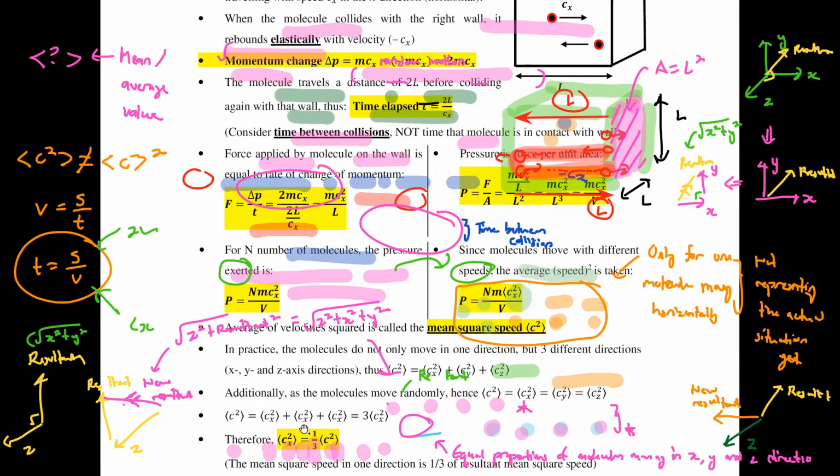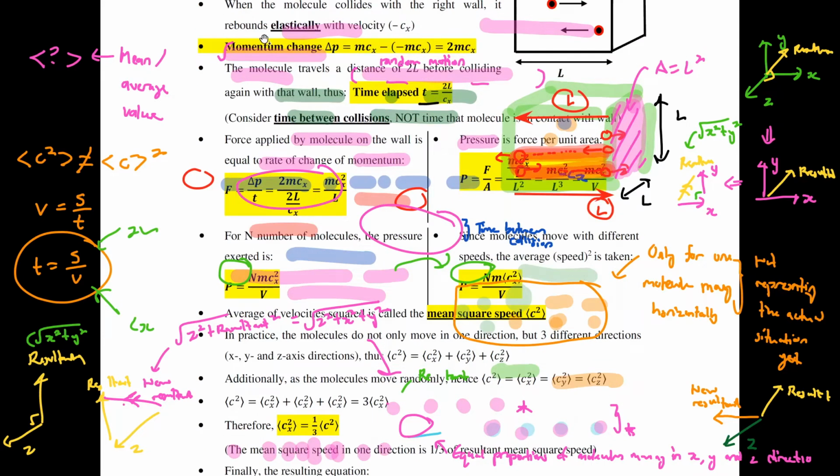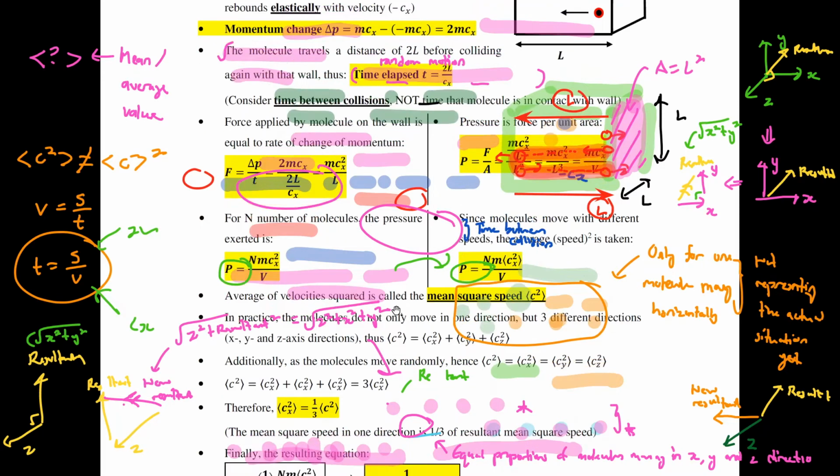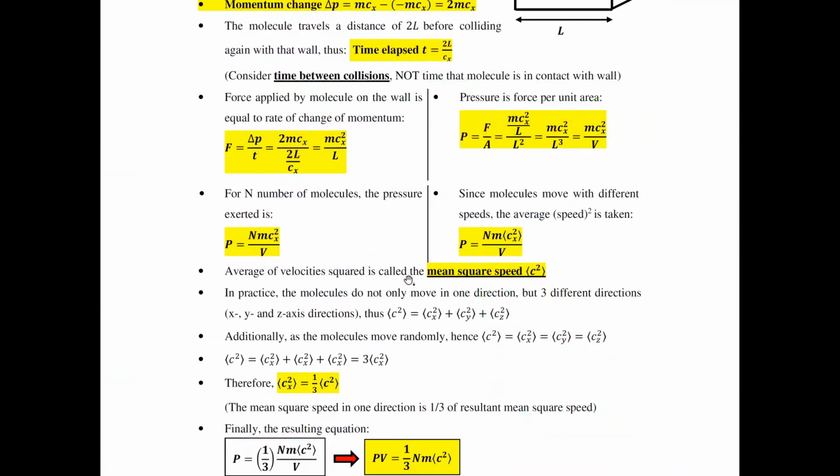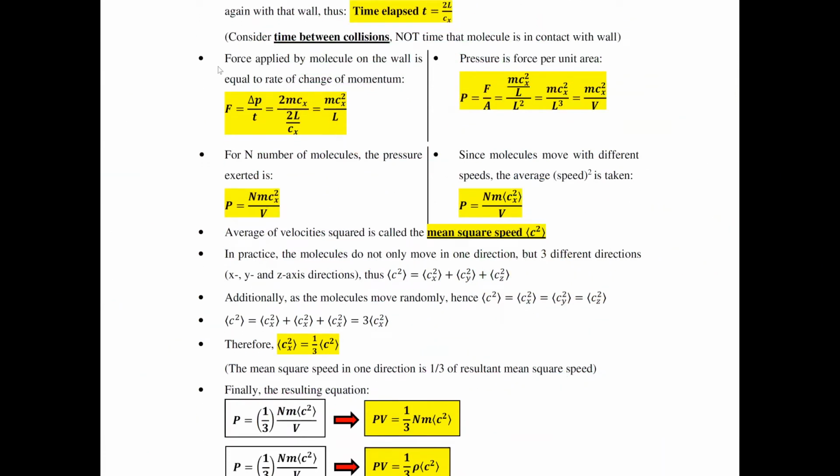Your mean square speed in one direction, which is x direction right now, is actually 1/3 of your resultant mean square speed. Okay, so your resulting equation would be this one. P equals 1 over 3 nm c squared over v. Okay, you see it's this one, right?